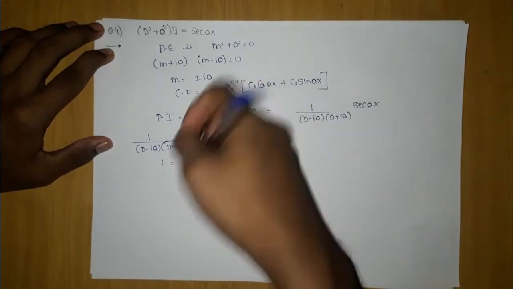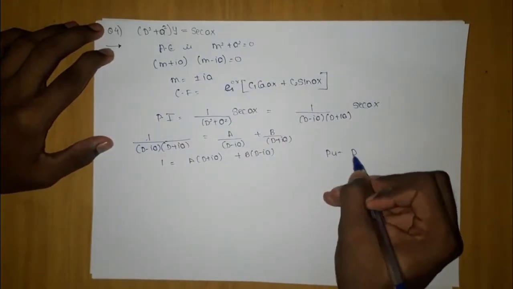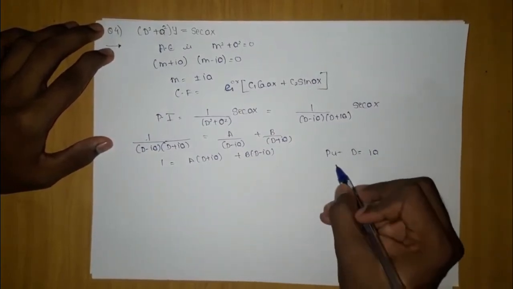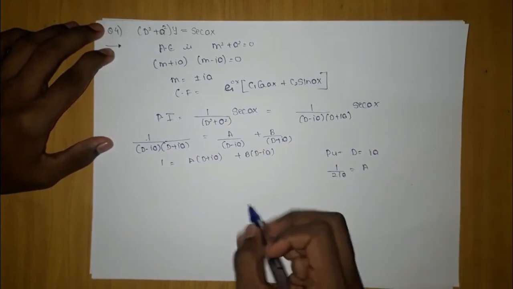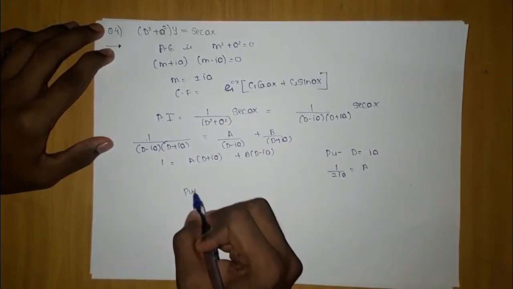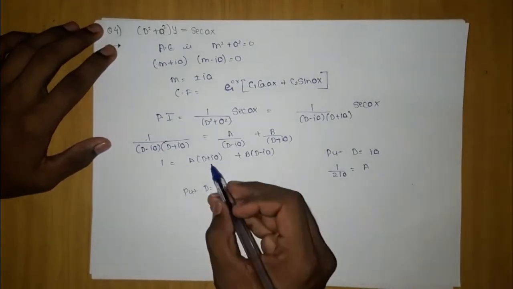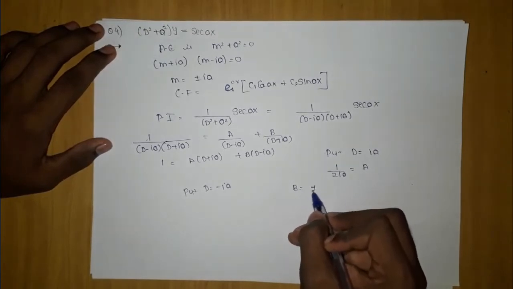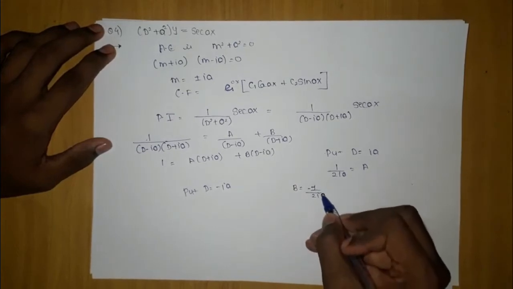If you substitute, put D equals ia, you will get A as 1 by 2ia, while putting D equals minus ia will give you minus 2ia, so your B will be nothing but minus 1 by 2ia. Easy.